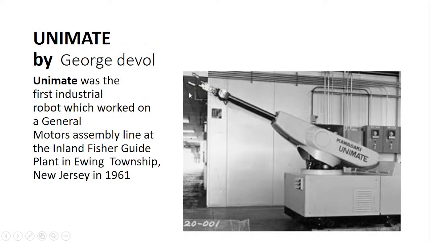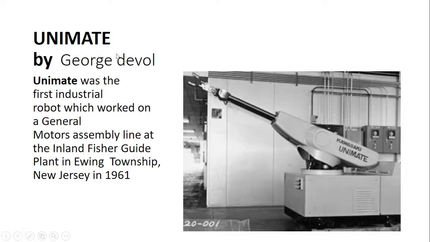So this is Unimate. It was developed by George Devol. Unimate was the first industrial robot, which worked on the General Motors assembly line at the Inland Fisher Guide plant in Ewing Township, New Jersey, in 1961. You can see the structure here.